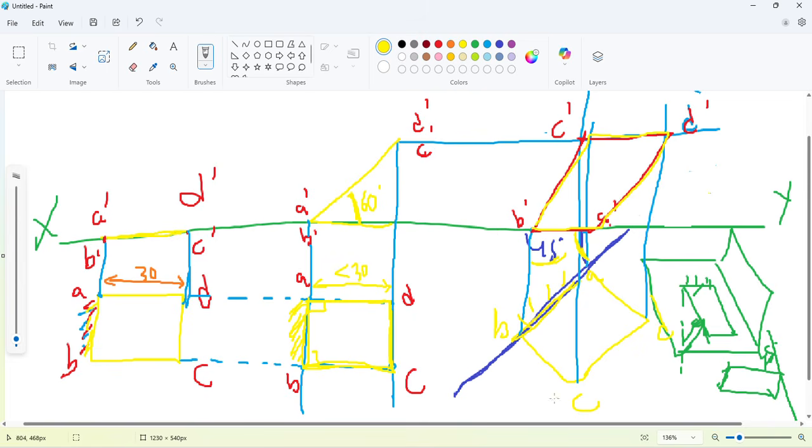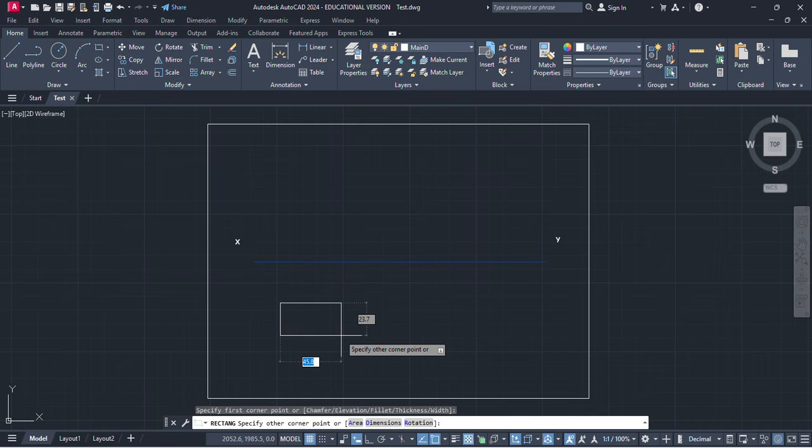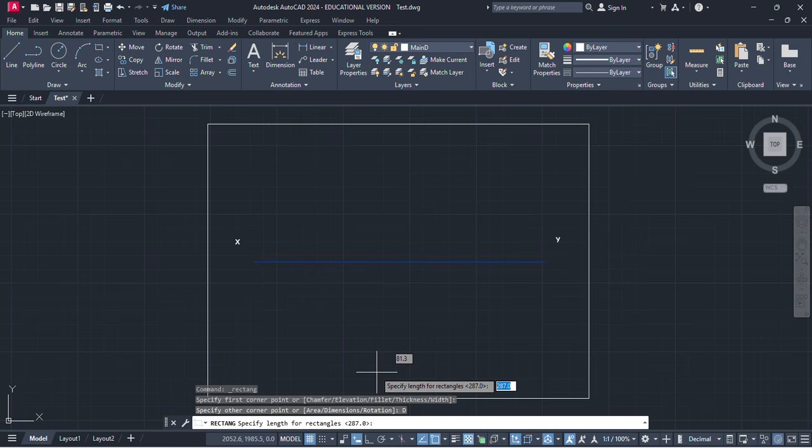Okay, let's do this thing in AutoCAD. Suppose we have a rectangle of 30 by 20.